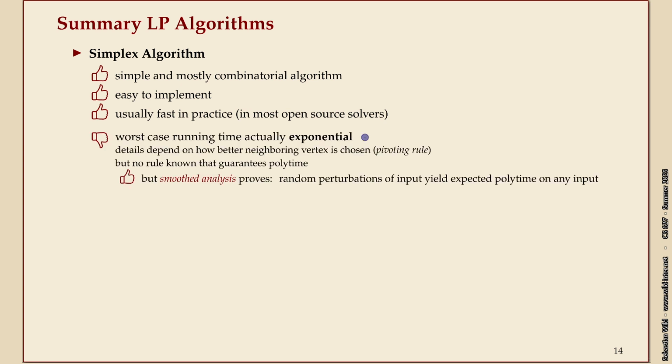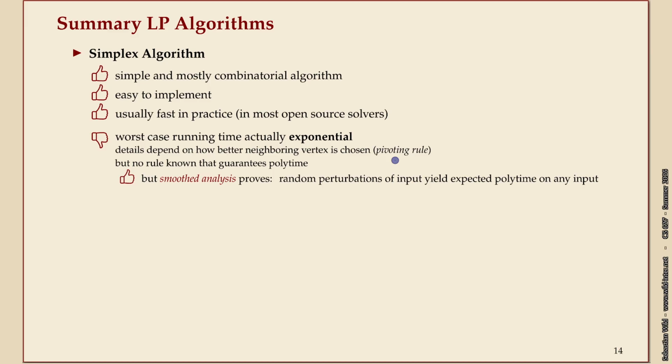Now, what I've said before, the worst case is actually exponential. So simplex is not a polytime algorithm in the worst case. The details depend on how you do this last step. If you found some non-basis variable you want to increase and kick out another, there's usually some choice, and you have to pick a rule for how to make that choice.